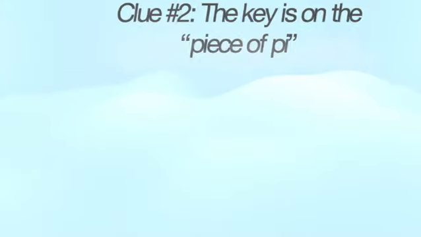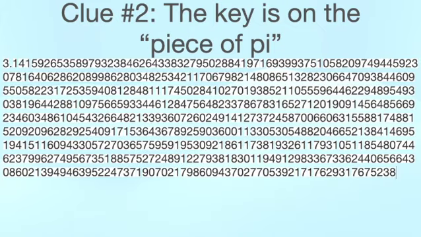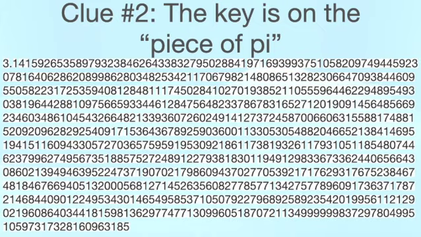On the 3rd day, I would give them clue number 2. And clue number 2 was that the key is on the piece of pie. That sounds like a riddle, but it's kind of a riddle, but not really. Because on the first day of the Olympics, I gave them a printed sheet of paper that had the digits of pi that I printed off from one of the websites that has like 1,000,000 digits of pi, or one of them is 10,000 digits of pi.